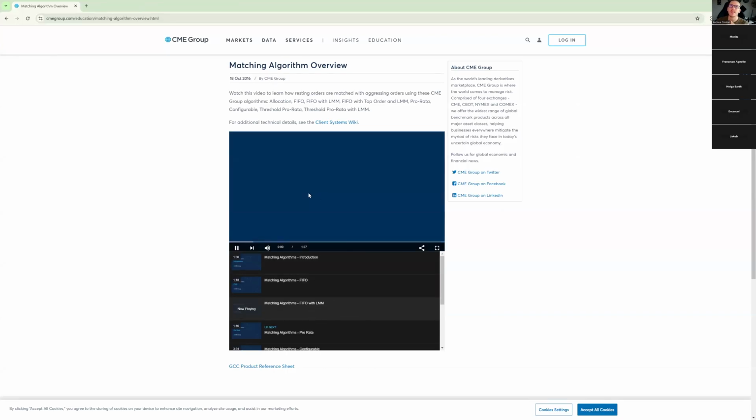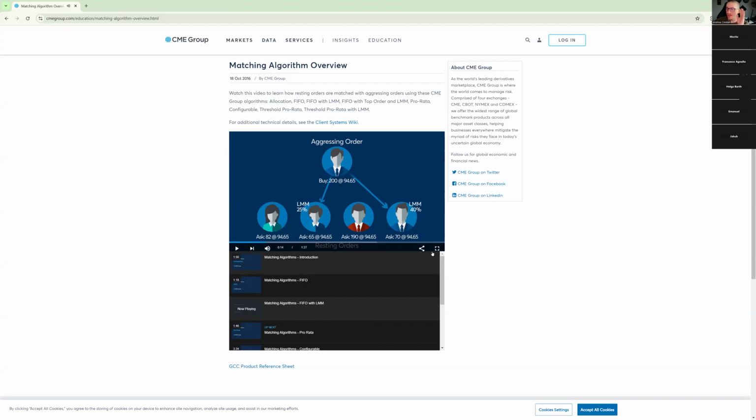Some are FIFO with lead market makers. Lead market maker, LMM, is a designation given to CME Group authorized market makers who provide a two-sided market for an assigned instrument and therefore receive a percentage allocation of incoming orders. Okay, they receive a percentage allocation of all incoming orders.